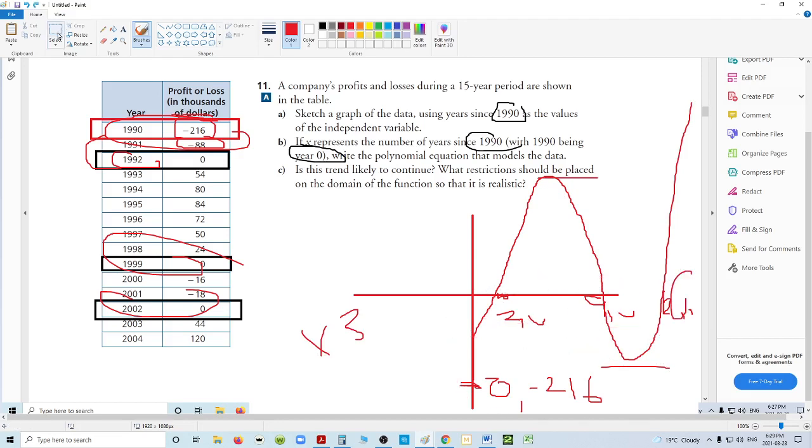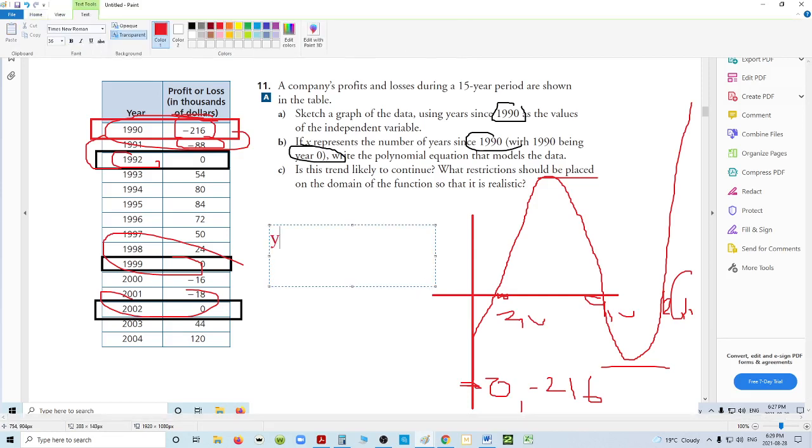So that means I can rewrite this as y is equal to a, and I don't know a, x minus 2, x minus 9, and x minus 12. Those are the intercepts. And I also know one clean point. When y is minus 216, x is 0.